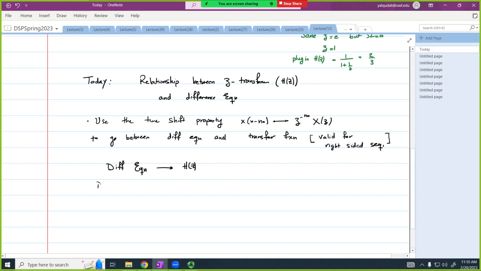The first step, we're going to take the z transform of the difference equation, keeping x of z and y of z, and using the time shift property.